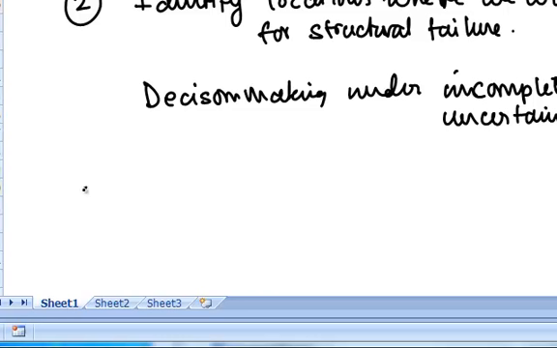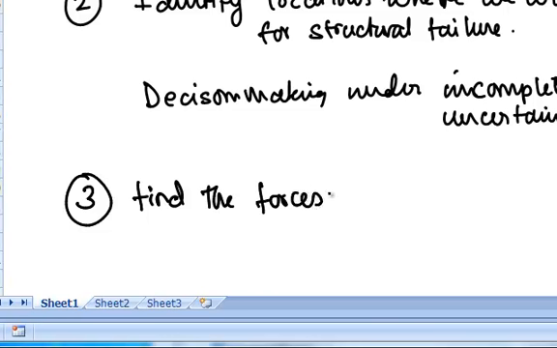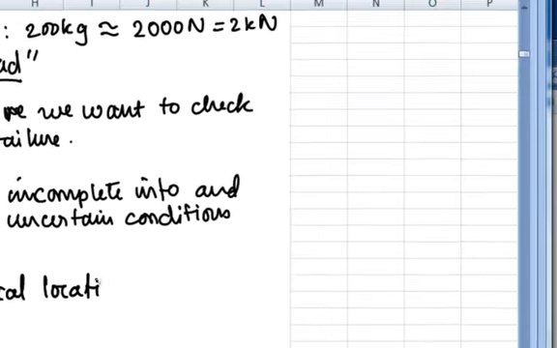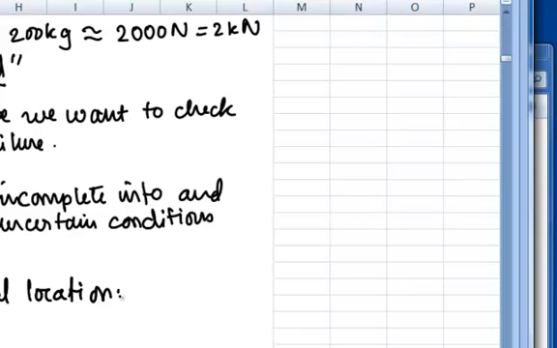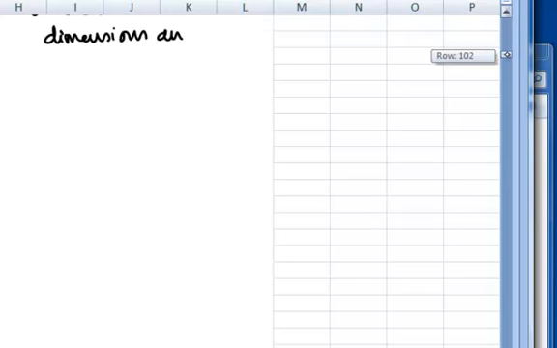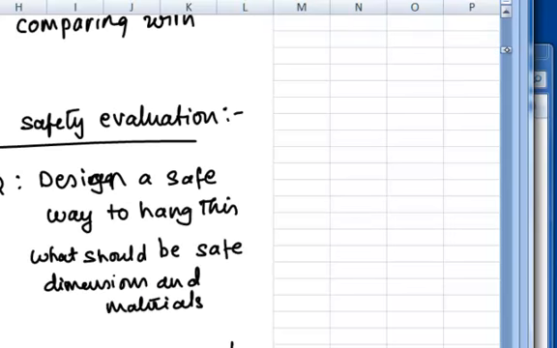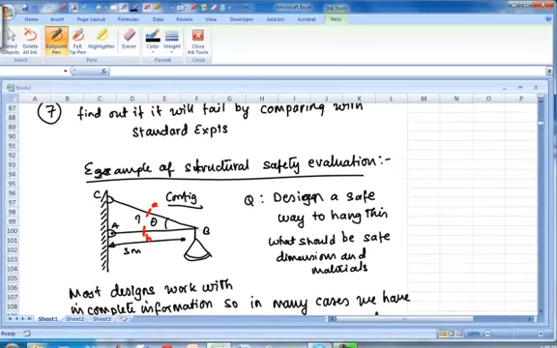So now we are going to do step number 3, find the forces at critical location. I don't know whether it's obvious to you or not, but this is a truss. You can see that it is pin jointed.